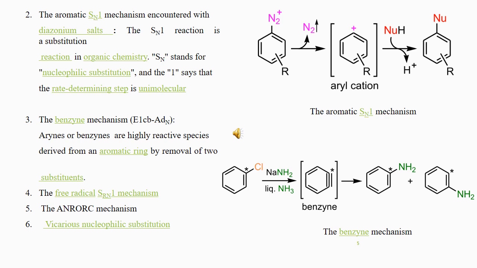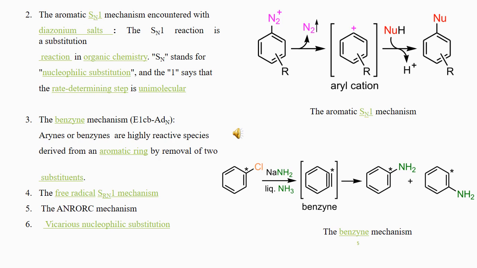So whenever there is SN1, immediately it should come to mind that it is unimolecular, which means there is only one molecule in the rate determining step. If only one molecule is responsible for the rate determination, then of course it is a two-step reaction.